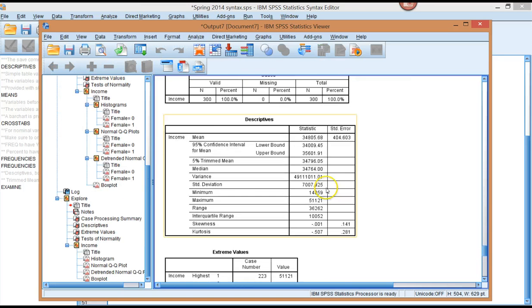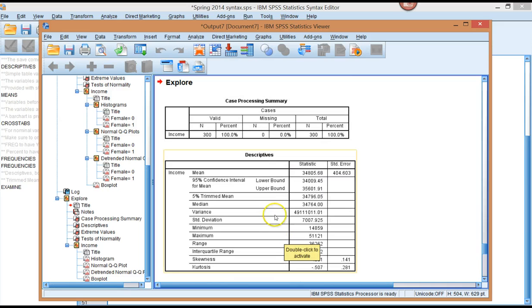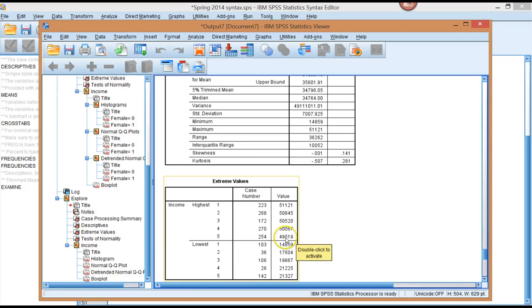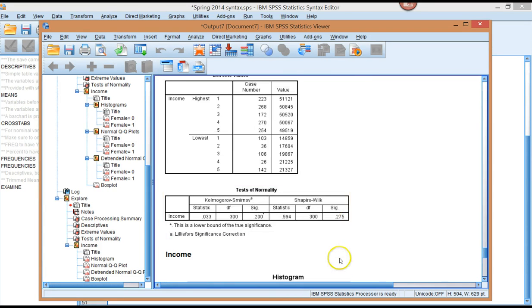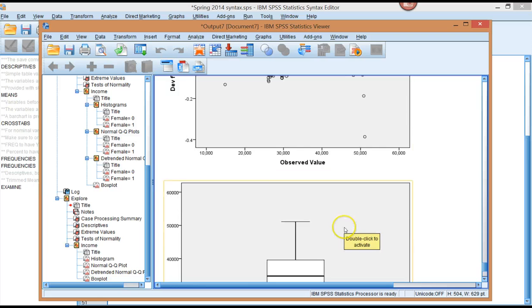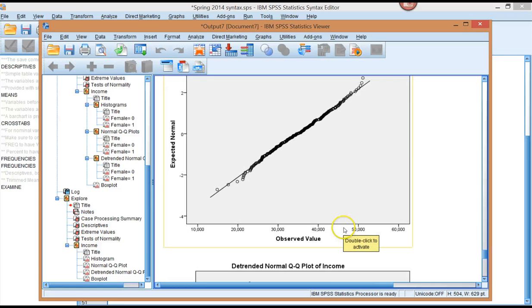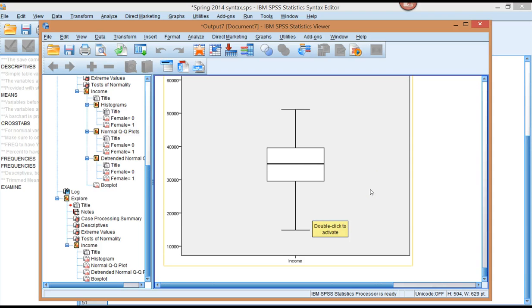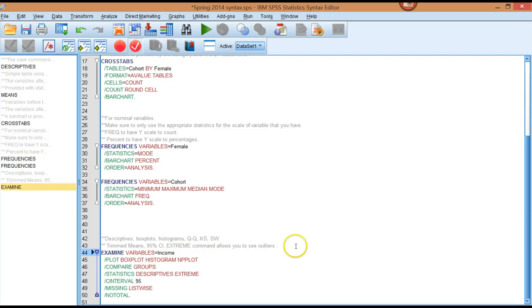And now you will get the same information, but notice that now you get a 95% confidence interval and a trimmed mean and so on for the entire set, regardless of men or women, and you get the most extreme scores regardless of whether they're men or women. Again, your normality, your histogram, your QQ plots. Oh, of course you only have one QQ plot because you are taking them regardless of gender.